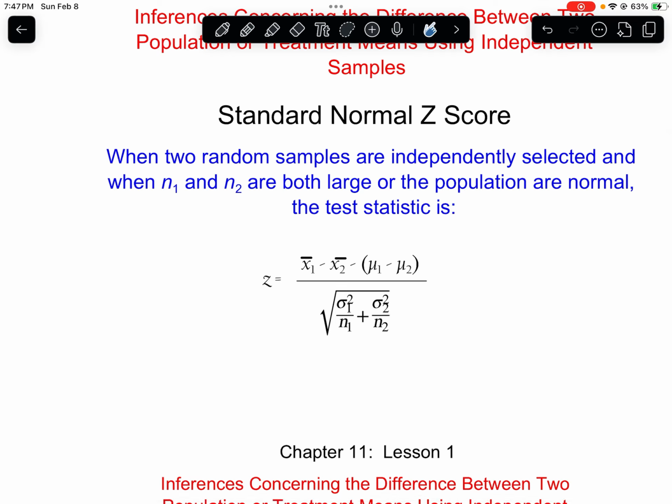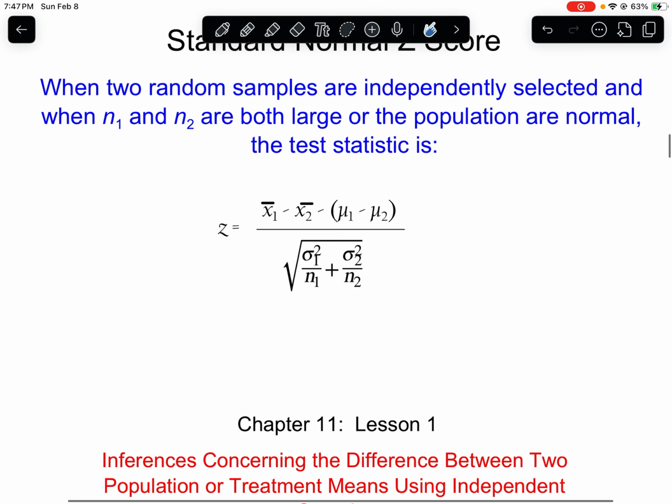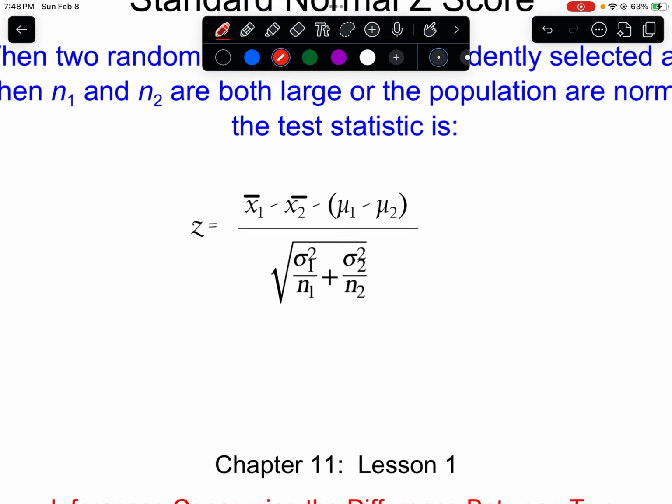Okay, so the big formula that we're going to be using a little bit here is this z-score, where we've got z equals x1 bar minus x2 bar minus mu1 minus mu2, over that square root of all that thing that I just highlighted there.